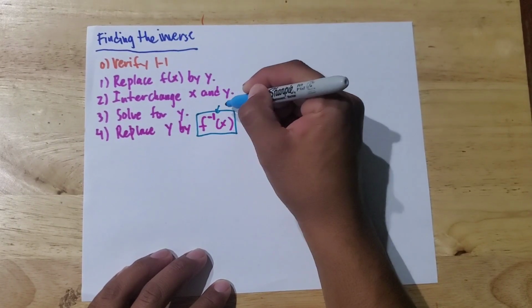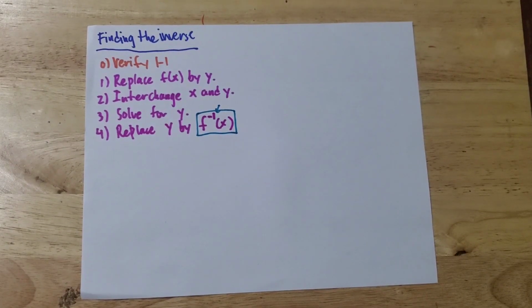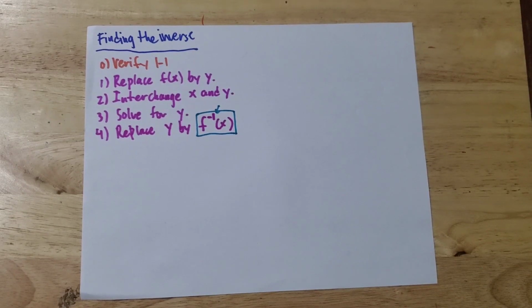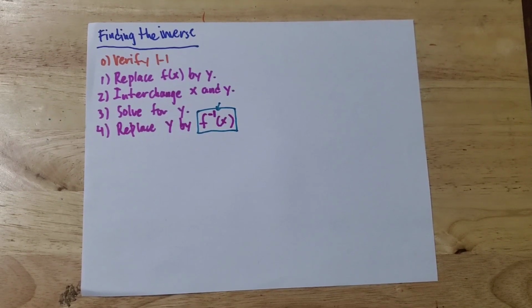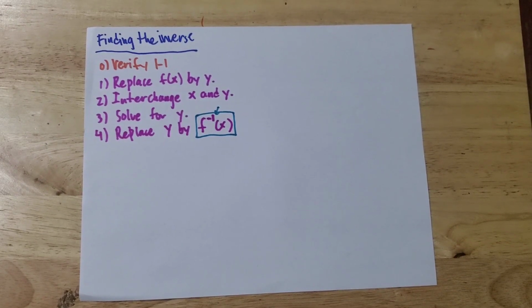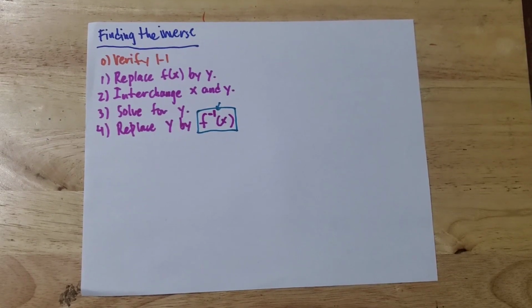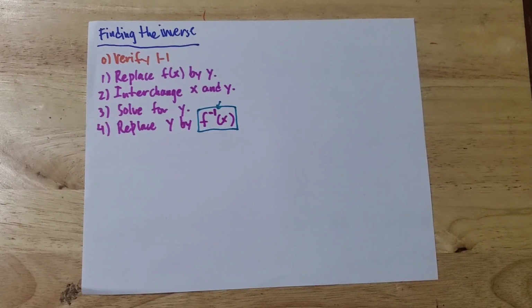That -1, be careful. That doesn't mean a negative exponent where you can rewrite as a fraction. That's just the notation of an inverse. So if you see that -1 as an exponent next to function notation, it's not implying to rewrite it as a fraction. That is telling you that that's an inverse.